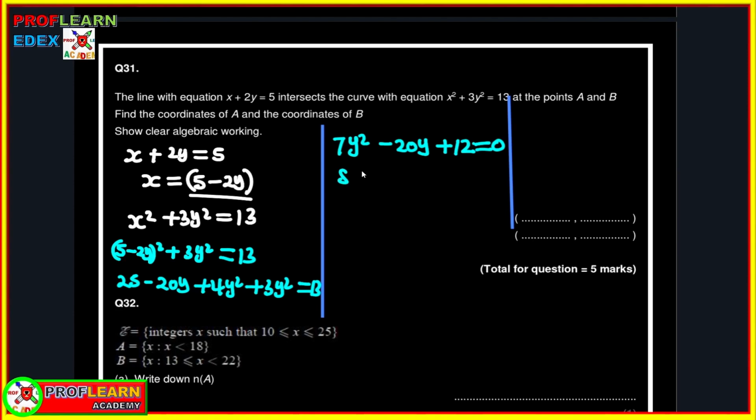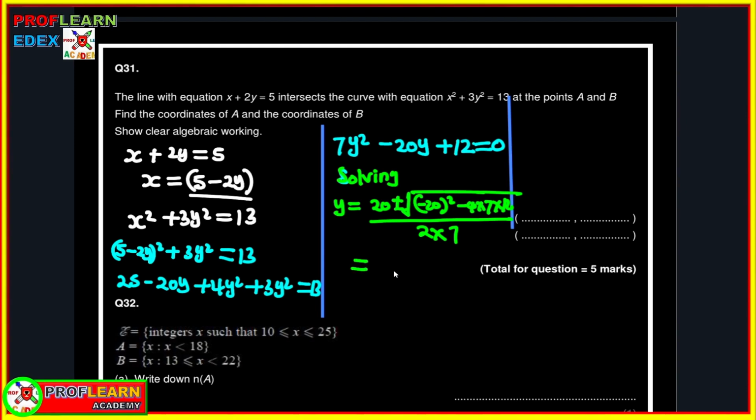With this quadratic equation, we can solve it using maybe the quadratic formula, in this case for simplicity, and then substitute the values of a, b, and c like that. You can see now we are going to get the value of y equal to 2 and y equals 6 over 7. So we can write them here.